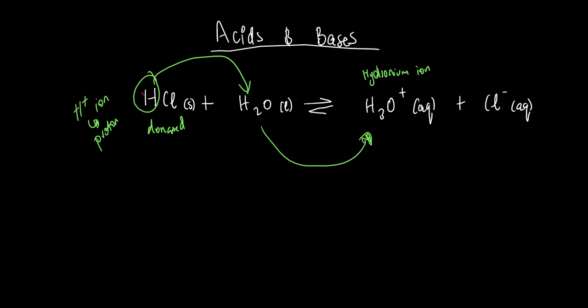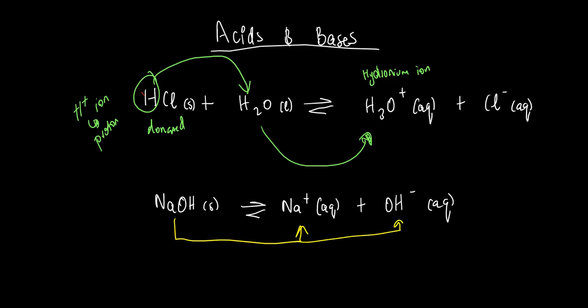Whereas for a base, for example sodium hydroxide, when these bases dissolve in water, they dissociate. So when it dissociates, it just becomes Na plus and OH minus. What happens there is that bases just split.